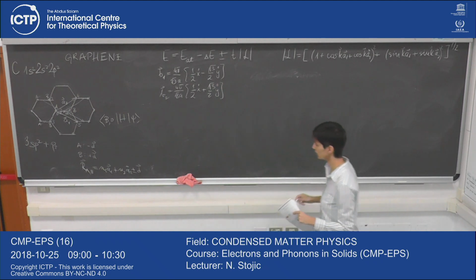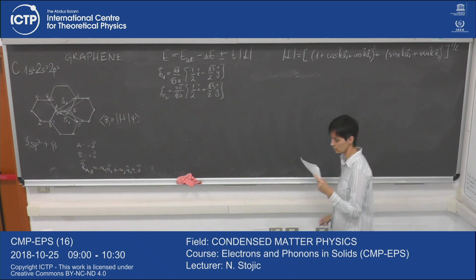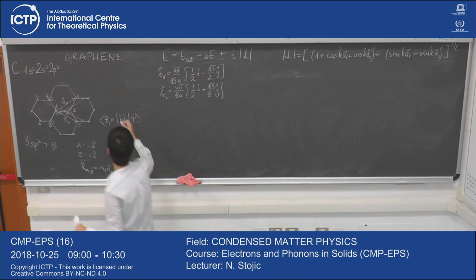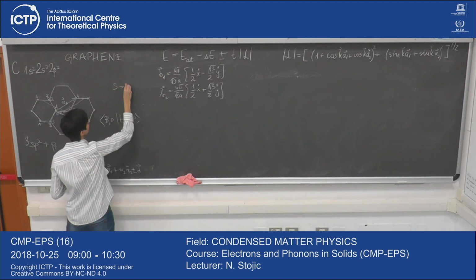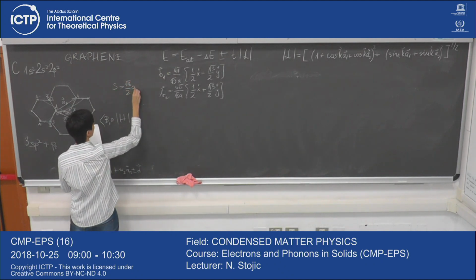You're welcome to check it. The volume was square root of 3 over, but I can write. So the surface actually is square root of 3 over 2 a squared.